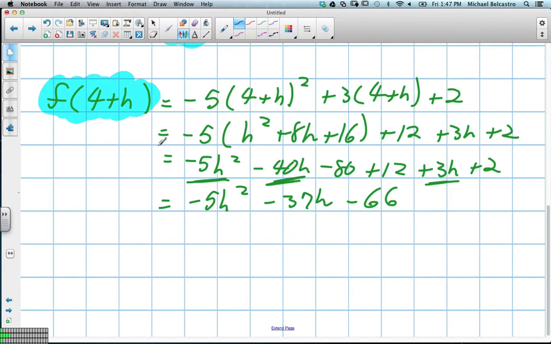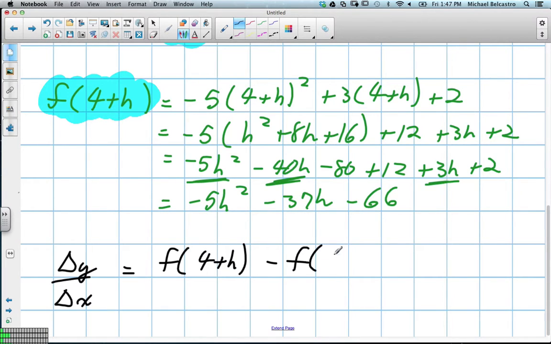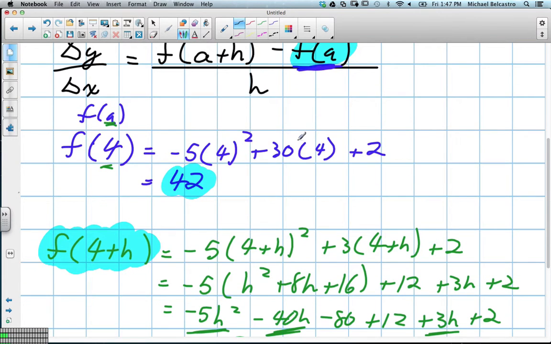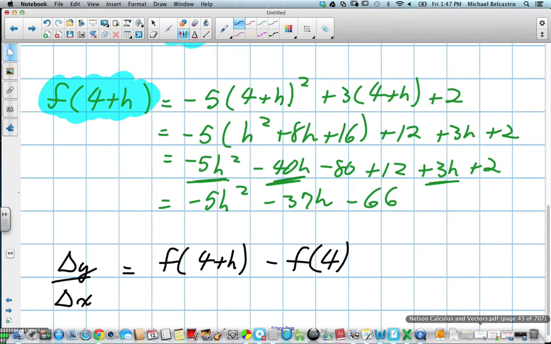Recall the formula said we're looking for the change in y over change in x, which is f at 4 plus h minus f at 4. I feel like there might be an error somewhere, so I'm going to check that.